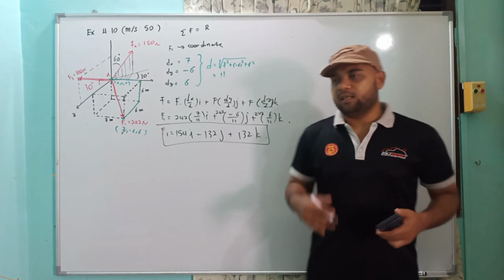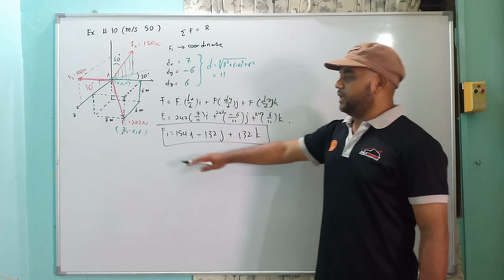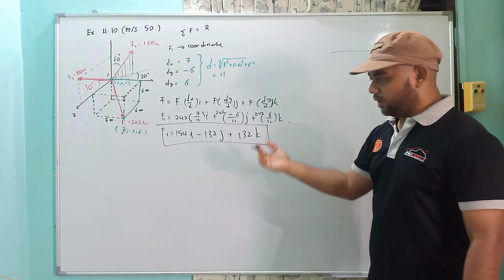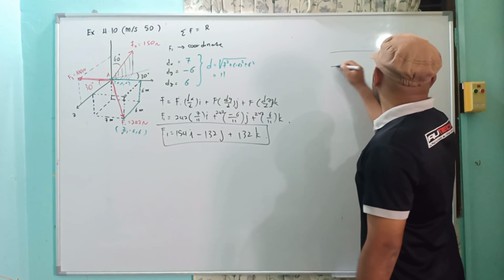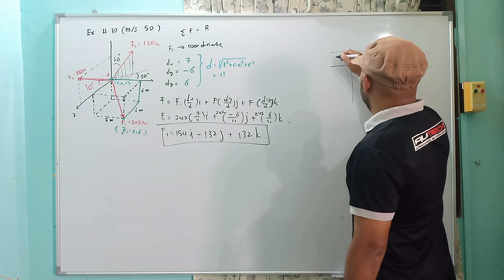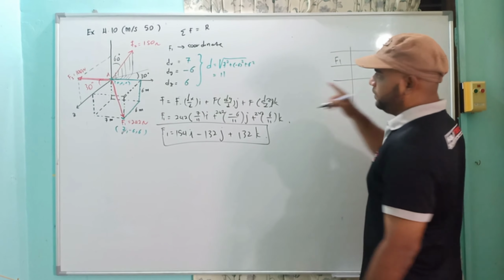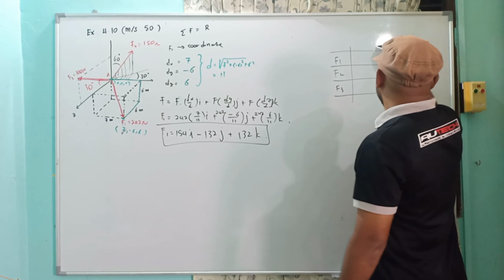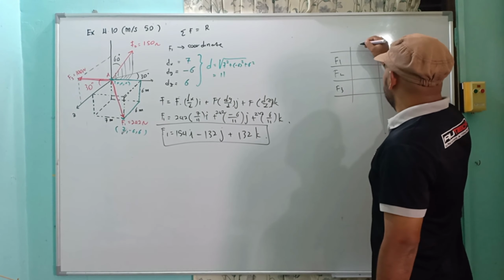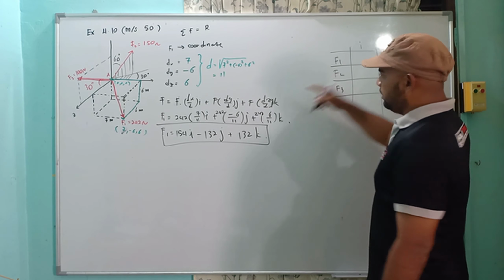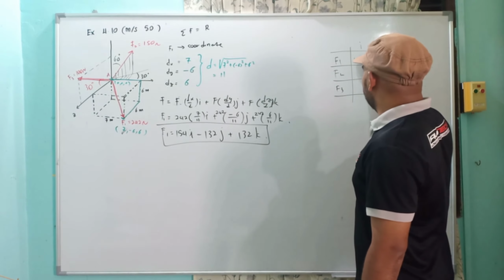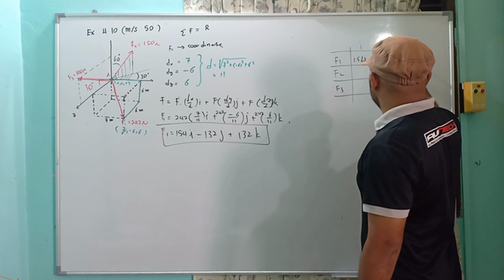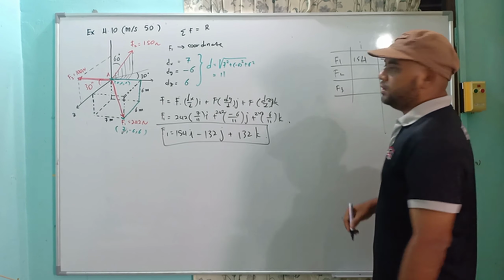Normally you can leave it at this, but I prefer to draw it in a table so that I don't miss any information. We have 3 forces, so I have F1, F2 and F3, resolved into I, J and K. I put in the information 154, negative 132 and 132.